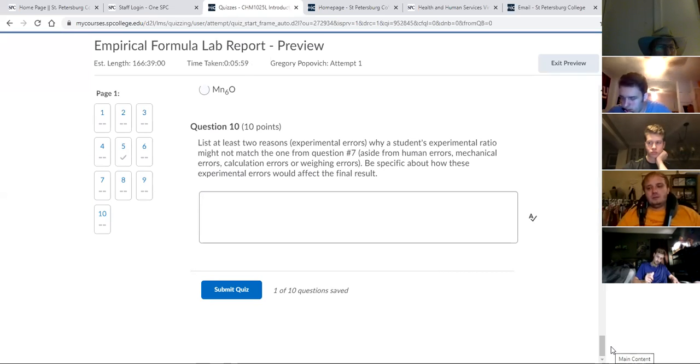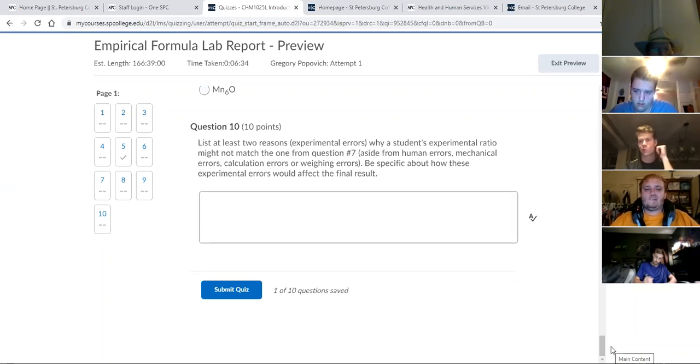You're not heating up the magnesium. Which weighs more, magnesium or magnesium oxide? Magnesium oxide, because it's got the oxygen attached to the magnesium. So if you don't heat up all the magnesium, do you get all the weight you should? No. So the weight of your product is low, correct? Yes. So if the weight of your product is low, how does that affect the weight of your oxygen?